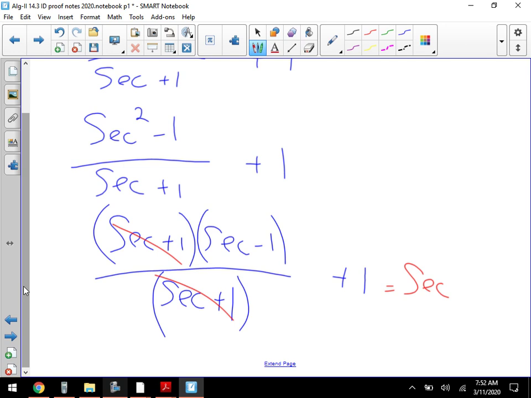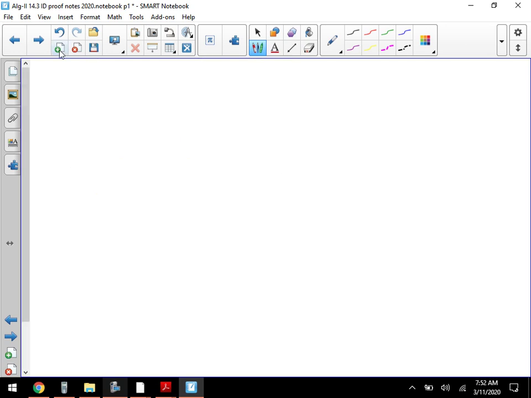Number 44, again, that one's going to wind up being a giant common denominator problem. I'm just going to rewrite right away. I get 1 over cosine, 1 over sine, over 1 plus sine over cosine. I'm just creating one giant complex fraction right off the bat. Get common denominators and things go real quick.